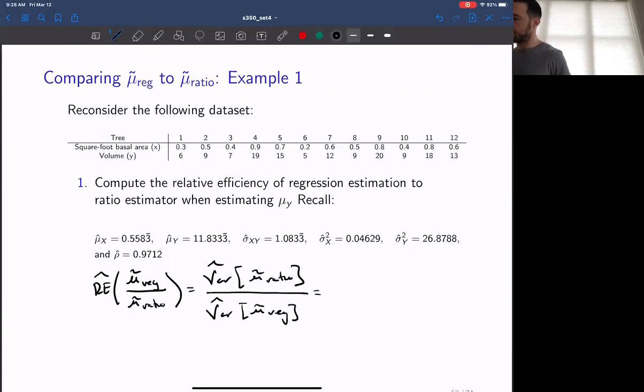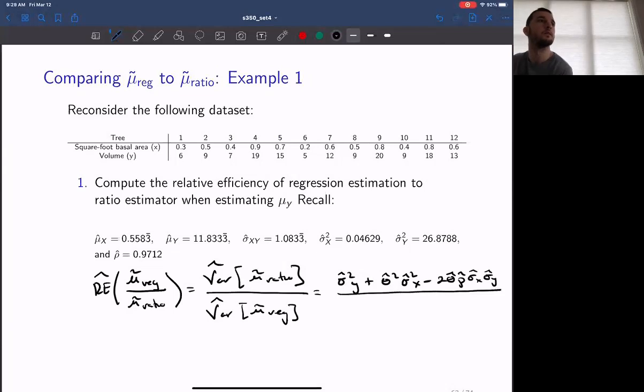Okay, so we're going to have here, so this comparison is equal to sigma squared y plus theta hat squared multiplied by sigma hat squared x minus 2 times theta hat times rho sigma squared x sigma squared y, divided by sigma squared y 1 minus rho hat squared.